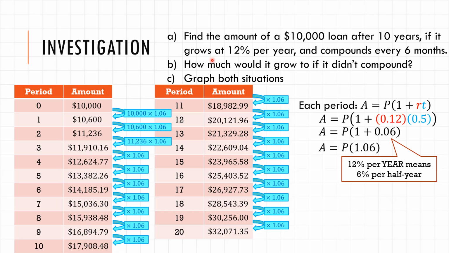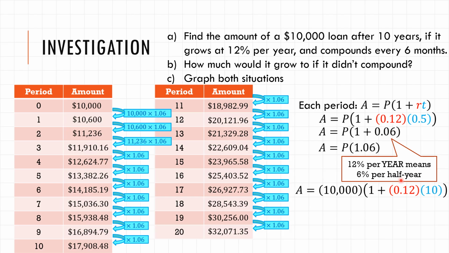But how much would it grow to if it did not compound? Using the simple interest formula, the rate is the same, the principal is the same, but my term is the full 10 years. So I don't need to do this 6% every single time because it's not compounding. It's not growing by 6% every 6 months.